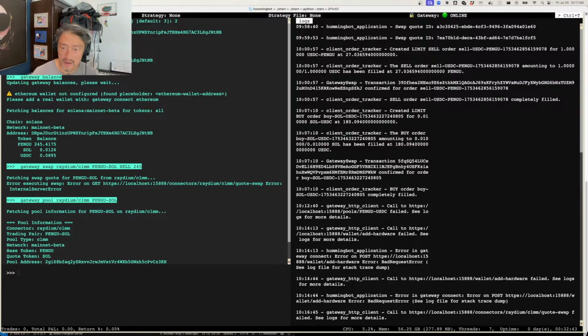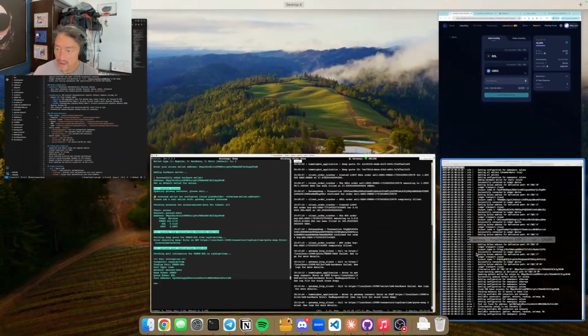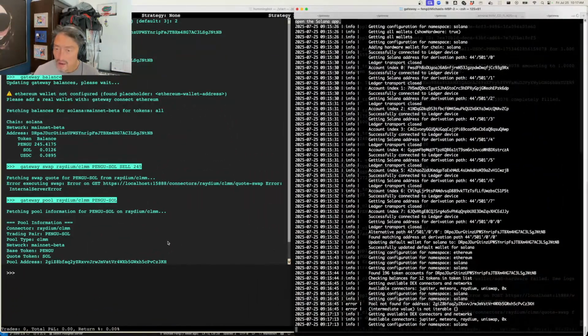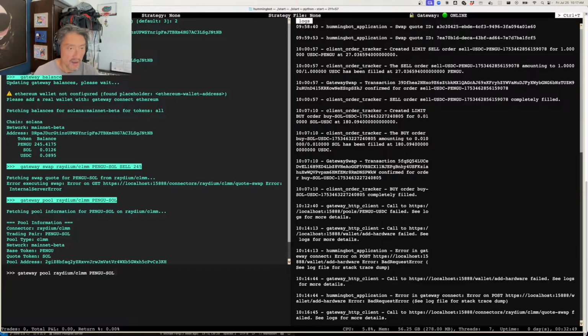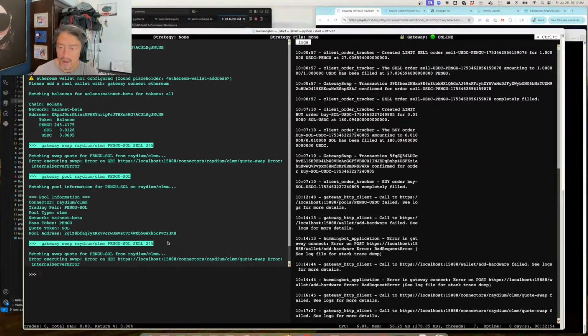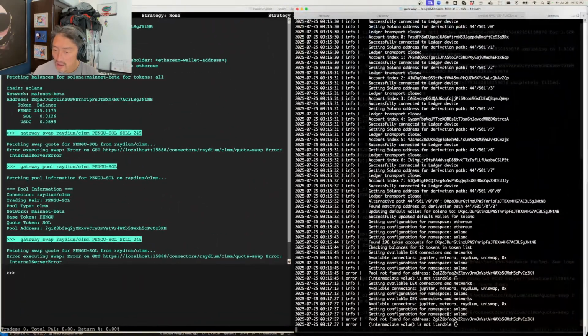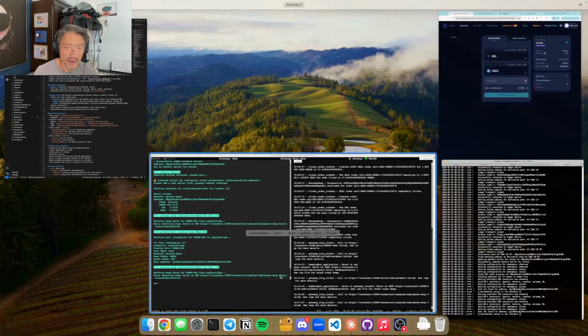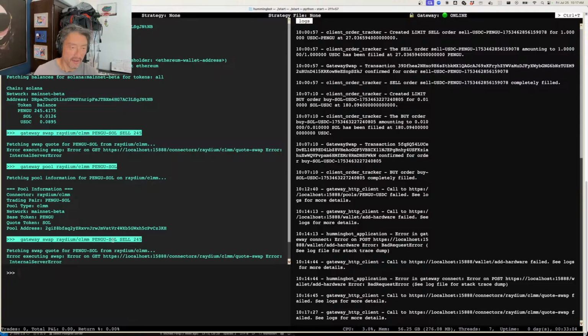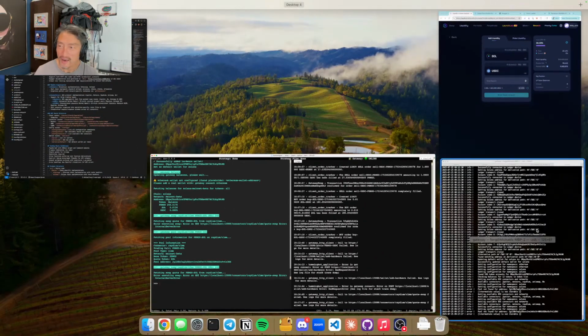So why did I not get an error? Pool not found for address. Oh, okay. It's possible the pool actually doesn't exist, so maybe this is just an imaginary pool that was added accidentally.